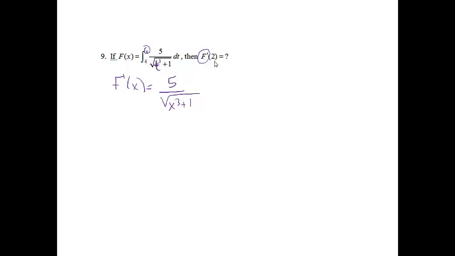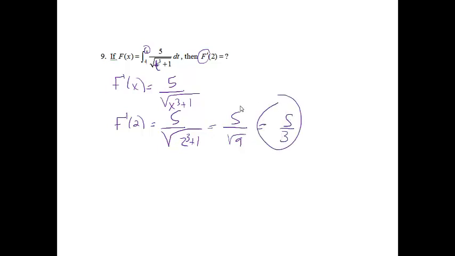And then it asked me to find the derivative at 2. So the next thing that I do need to do is actually plug in 2 for my x. And when I do that, I will get 5 over the square root of 9, and that will reduce to 5/3.